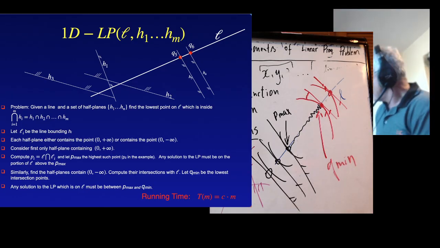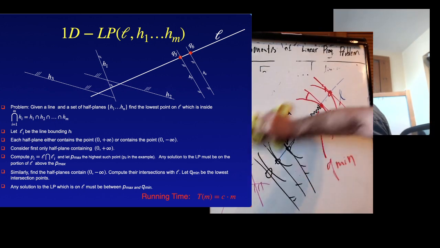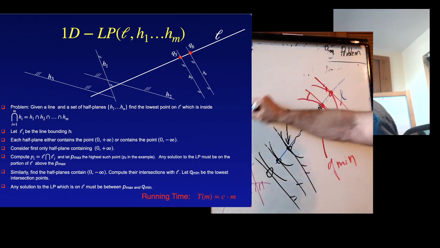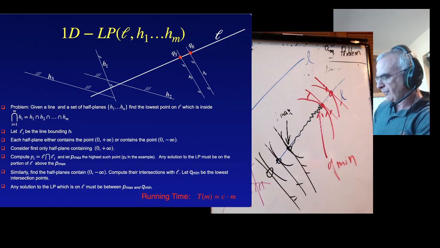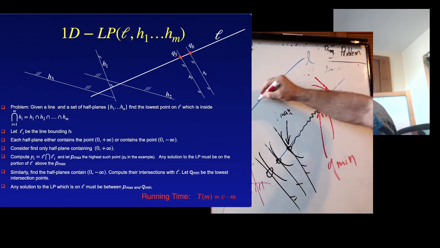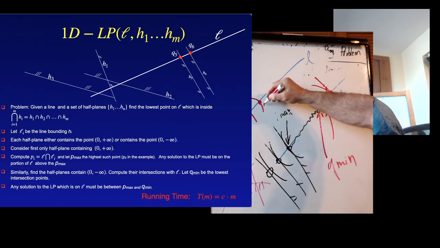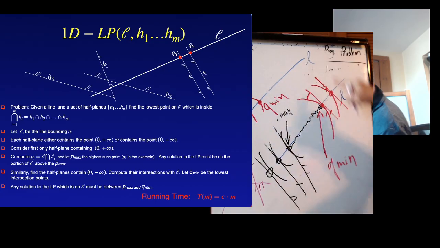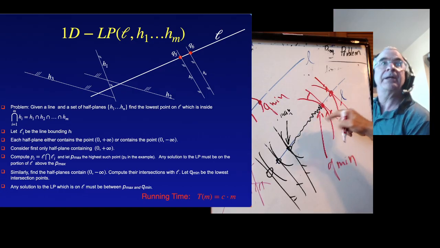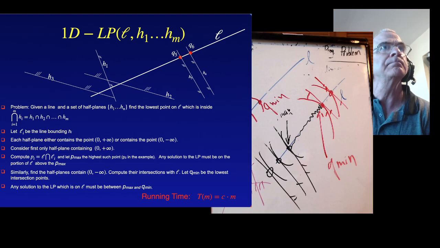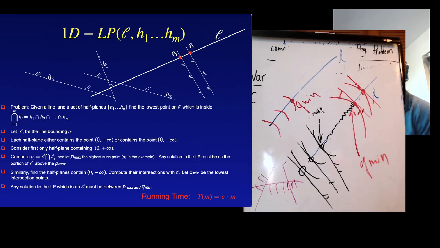And it's quite possible that along the way I will discover that actually here is L as before, here is Q min as before, the same Q min that you see right here.